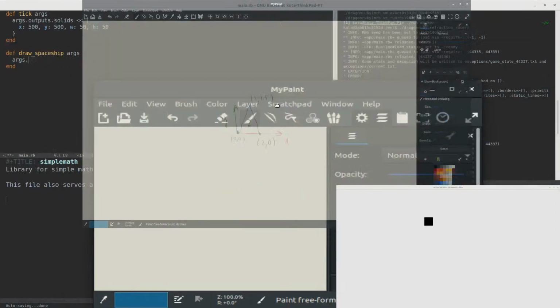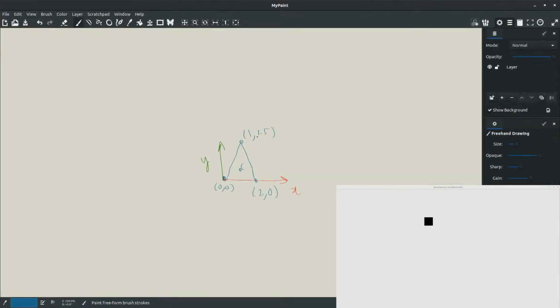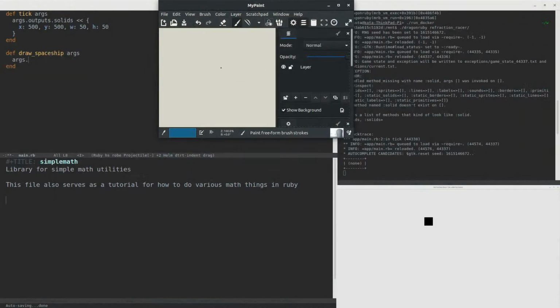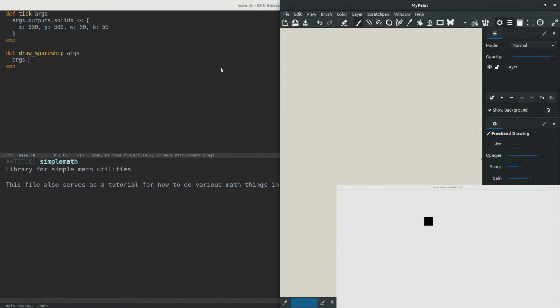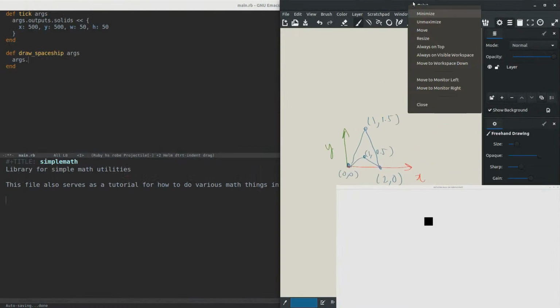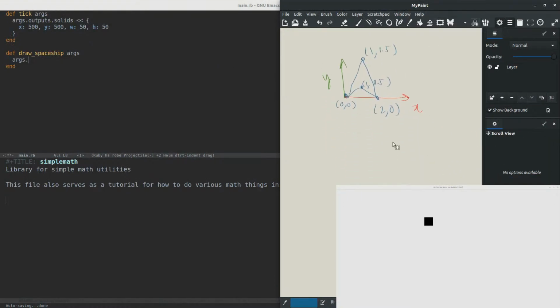Render spaceship, that's probably what we want to call it. We'll rename it in a sec. And that'll be our little spaceship. Something like that. Wow, okay, there we go. So that is what we're trying to do.